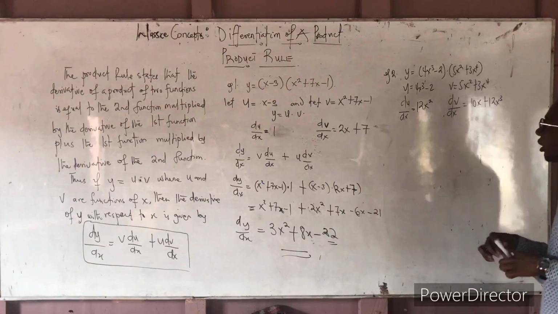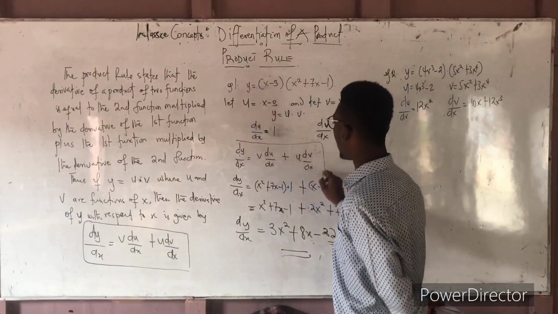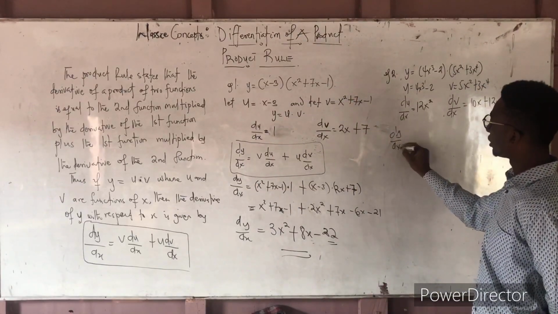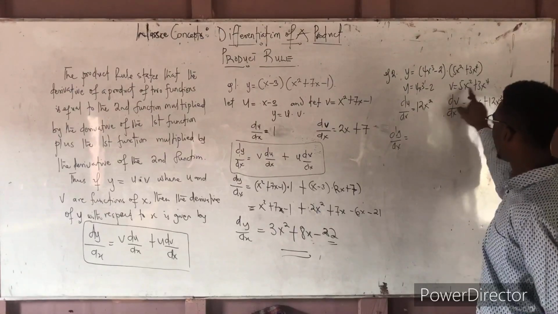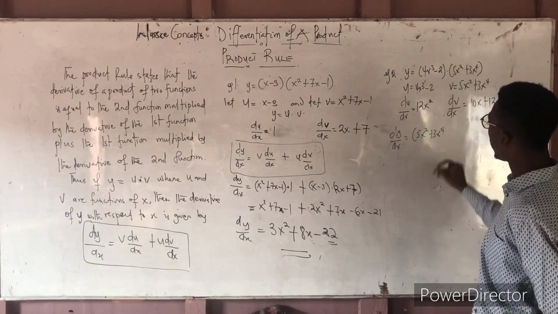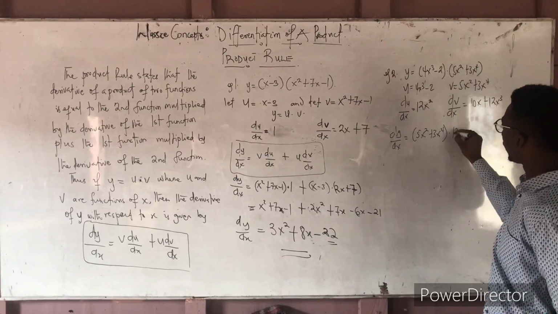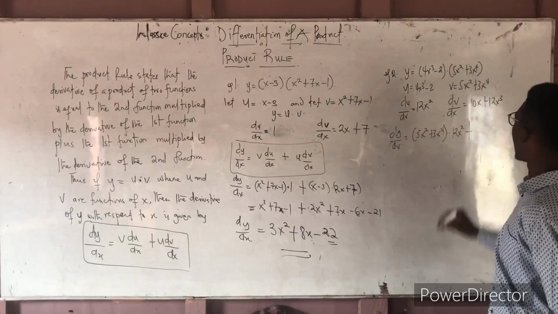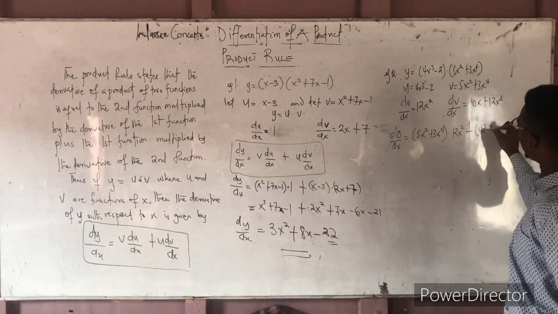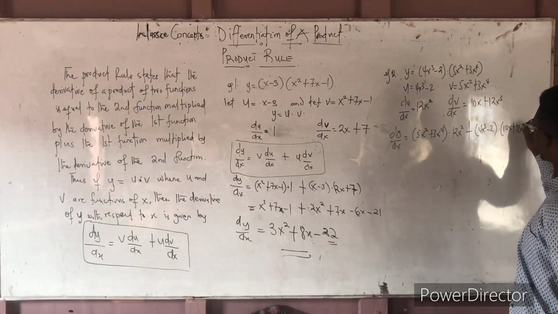Now you state your formula. So dy/dx is equal to v, which is 5x squared plus 3x exponent 4, multiplying du/dx, which is 12x squared, plus u, which is 4x cubed minus 2, multiplying dv/dx, which is 10x plus 12x exponent 3.